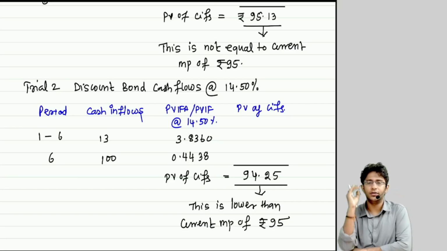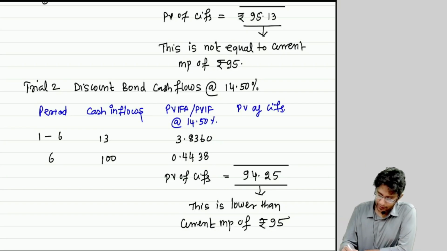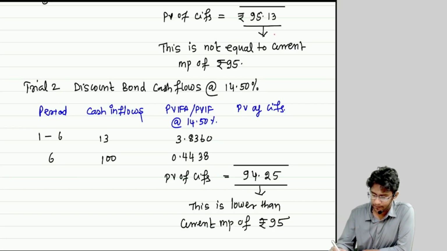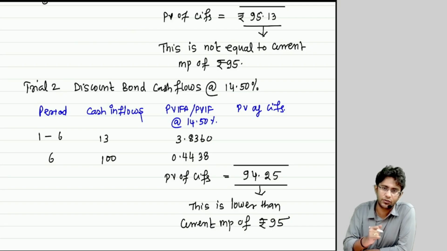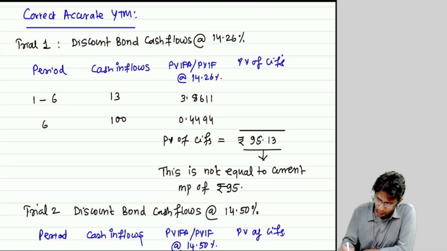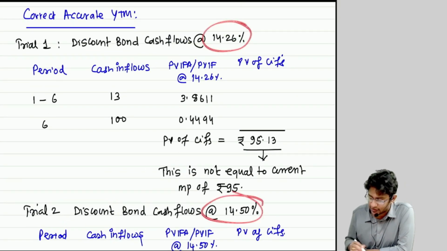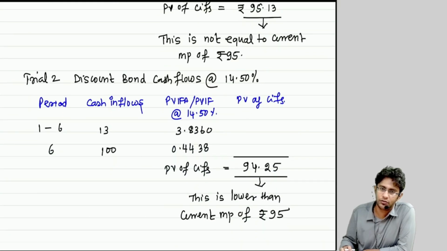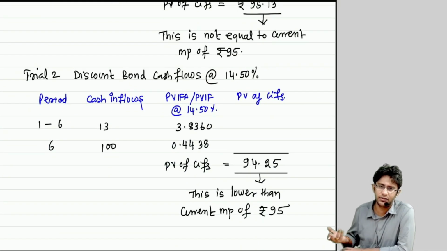What it means is, from the previous trial, we concluded that the bond gives a return more than 14.25%. Now I know that it is giving a return less than 14.5%. So your actual return is lying between what and what? Between 14.26 and 14.5. You have to just interpolate and get the answer. That's it. Over.